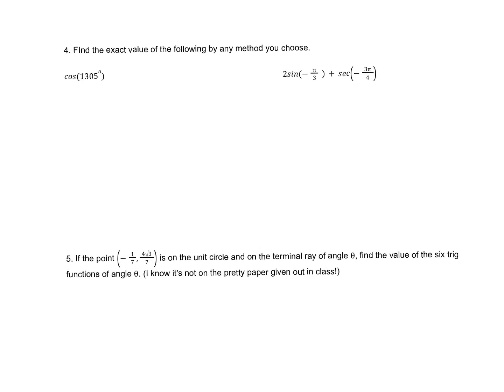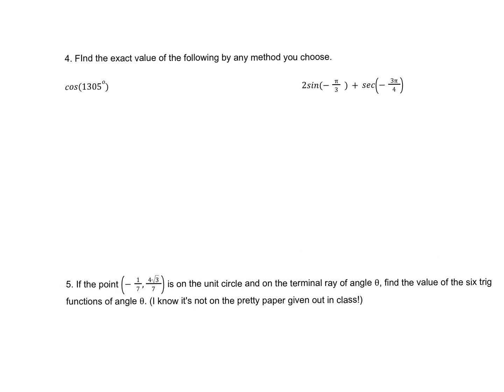So this page is all about unit circle. It says find the following any method you choose. So obviously I would look at this 1305 and know that's way too big, so I'm going to start subtracting 360. So if I do 1305 minus 360, I get 945.